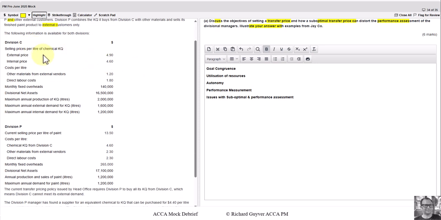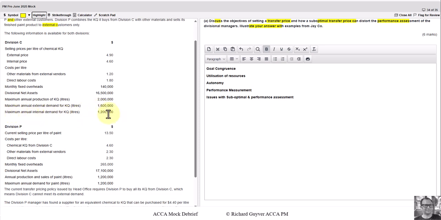So division C, we've got selling prices, internal and external, cost per litre, materials and labour, fixed overheads. We've got the assets we'll need on the next question for the RI calculation. Maximum annual production is 2 million litres. The maximum annual external demand is 1.6 million and internal is 1.2.